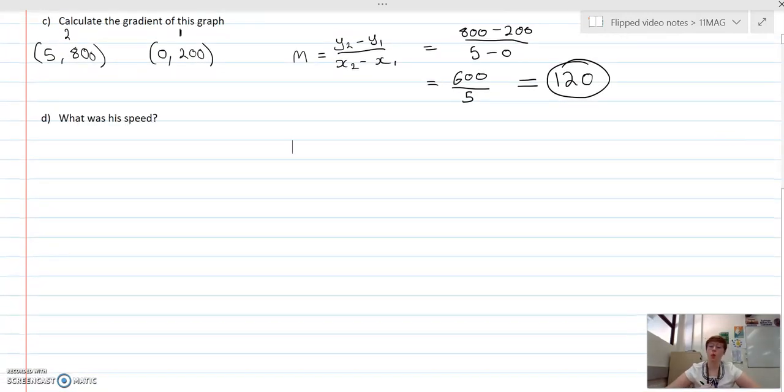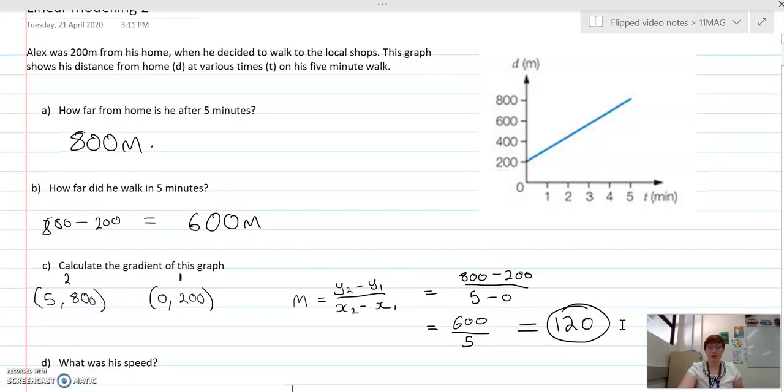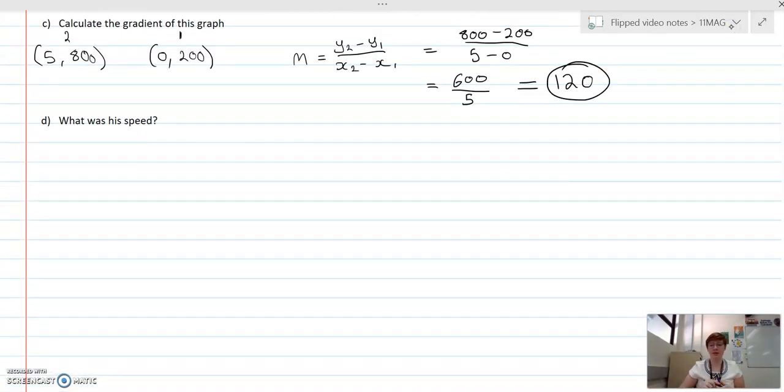Part D asks us, what was his speed? Now, speed and gradient are actually the same thing because speed is just distance divided by time. And if we look back, when we calculated the gradient here, the top part was distance, the bottom part was time. So distance divided by time was 120. That means we just need to put his speed into a more common usage.